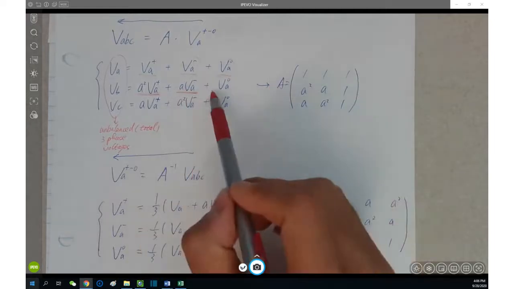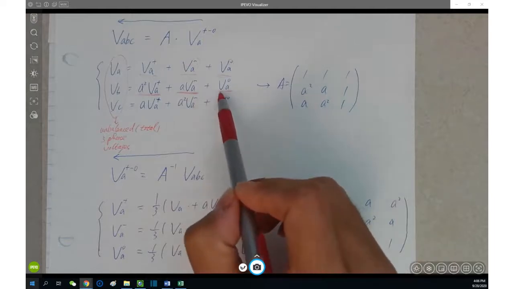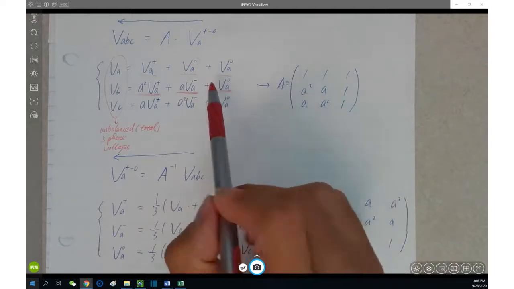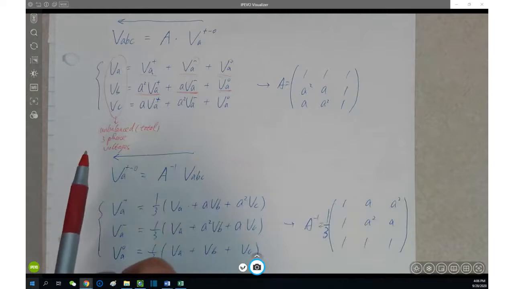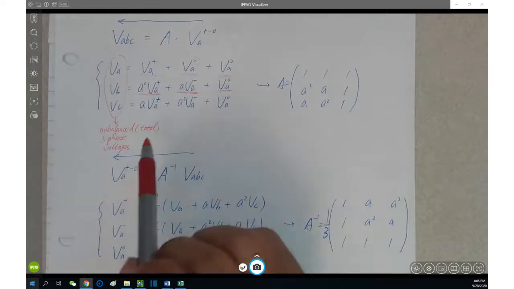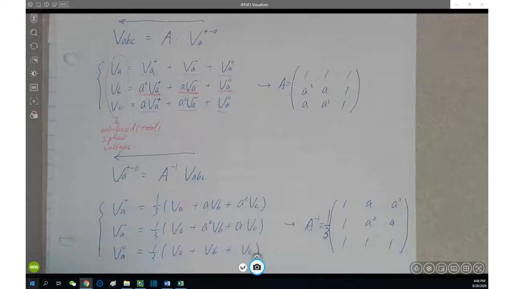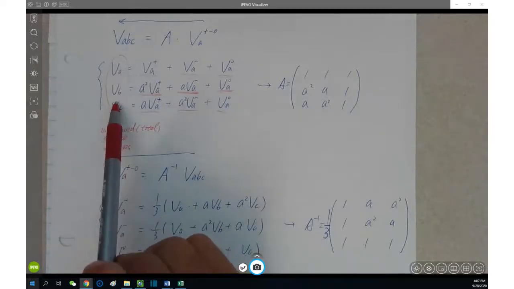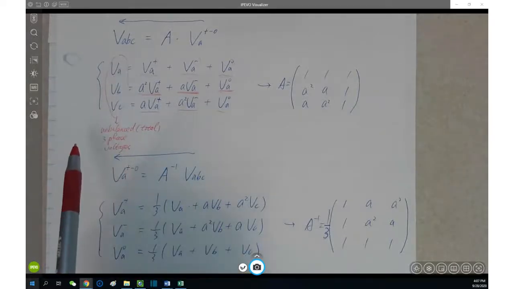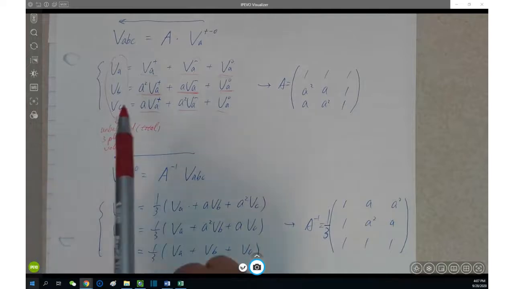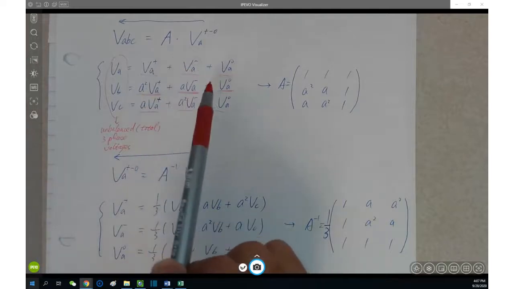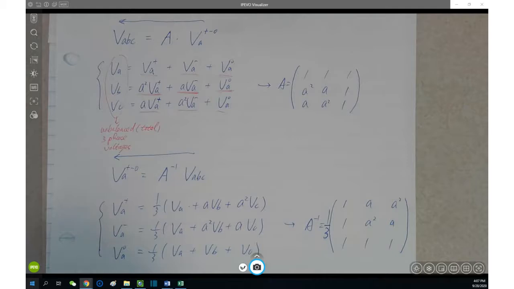And then plus the phase B zero sequence, which is equal to the phase A zero sequence, right? And so on and so forth for phase C. So for each one of these three, you always have positive, negative, and zero sequence components.